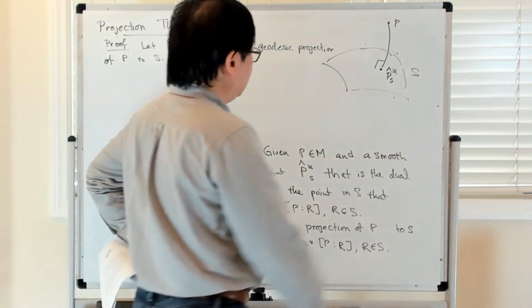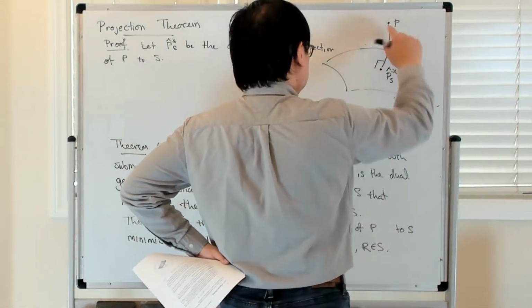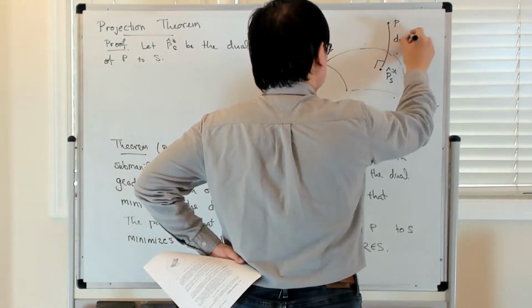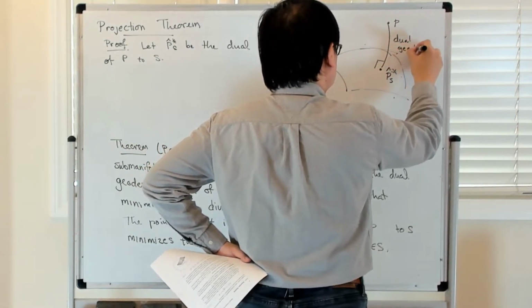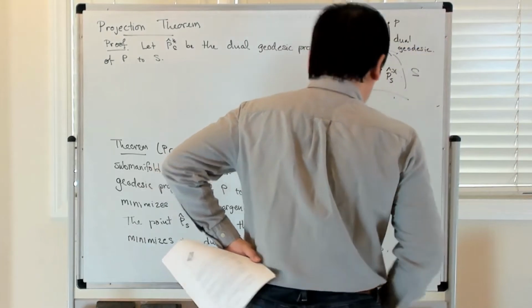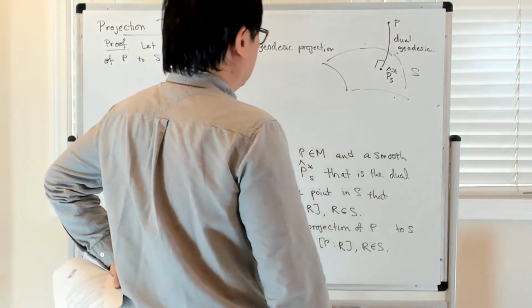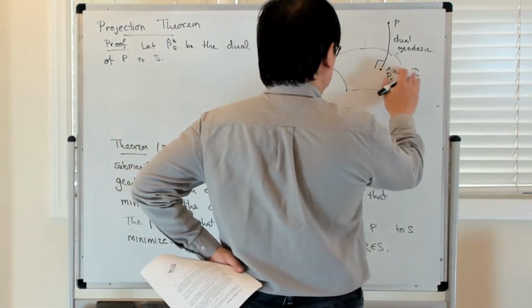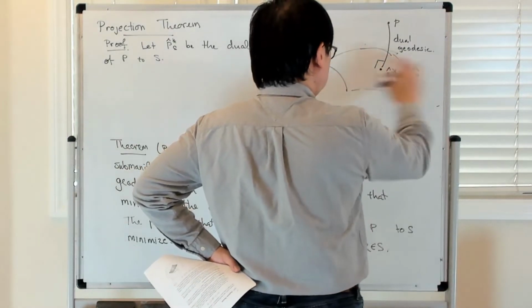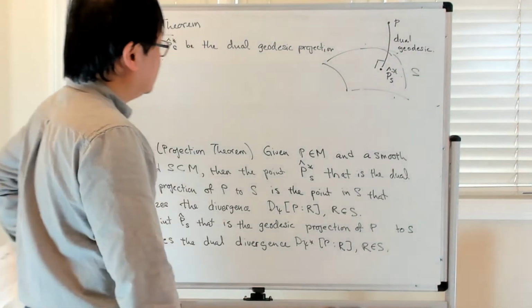And that curve is a dual geodesic, and it is orthogonal. That dual geodesic is orthogonal to the surface S.